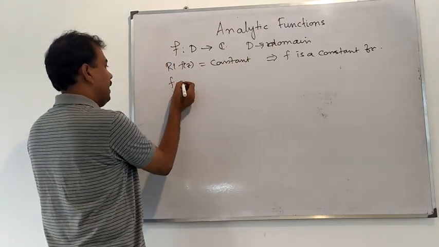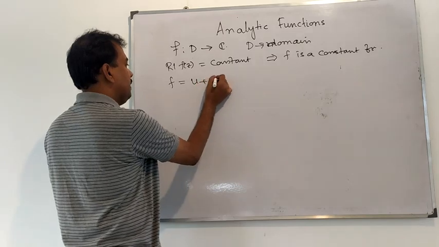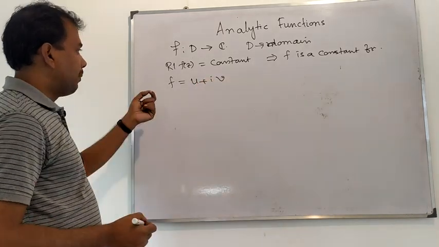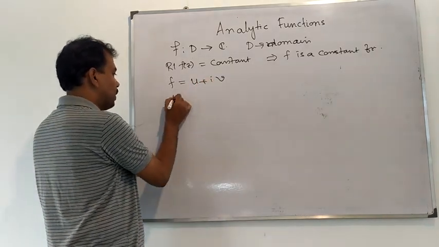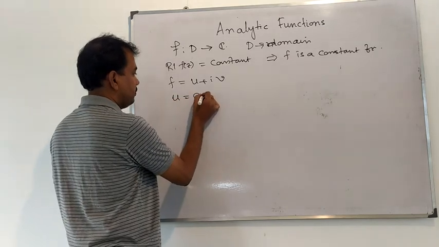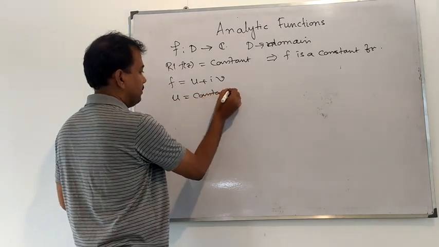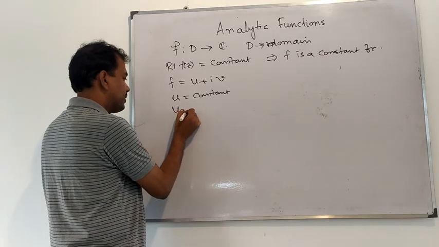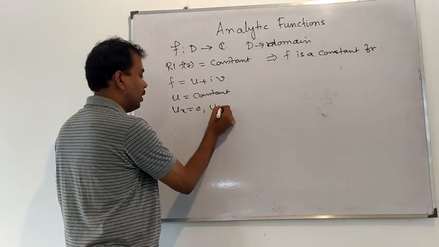If f equal to u plus iv, then by the given condition u is constant. So u_x equal to 0, u_y equal to 0.